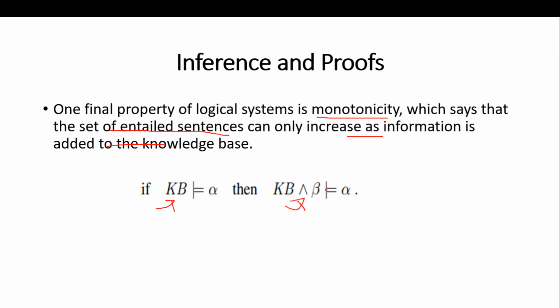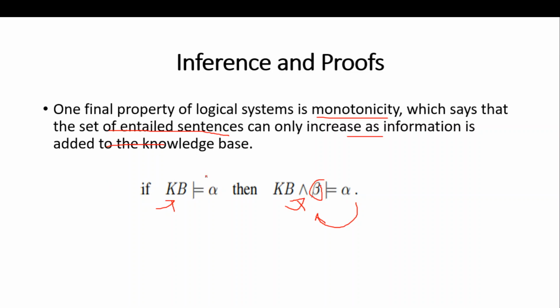Because where is this beta coming from? It is coming from alpha only. So the concept of monotonicity says that as the sentences increase, the increased sentences will surely be entailed by alpha.